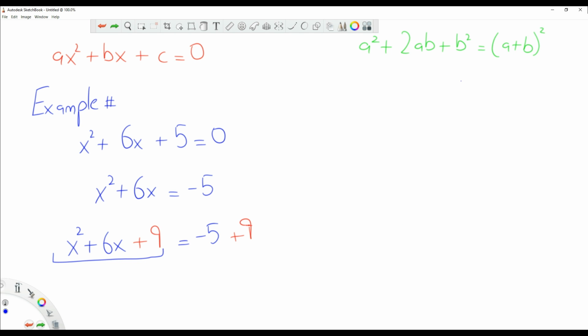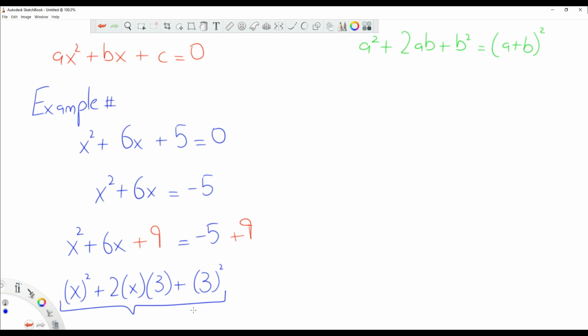We can write it as x to the power 2 plus 2 times the first term, which is x, times the second term, which is 3, plus 3 whole squared. I hope this makes sense, because 9 can be written as 3 squared, and 6x can be written as 2 times x times 3.